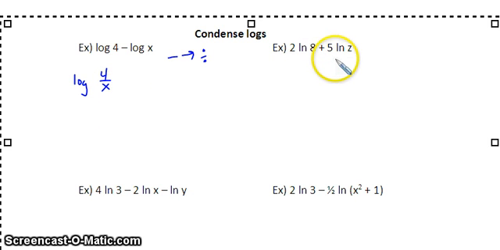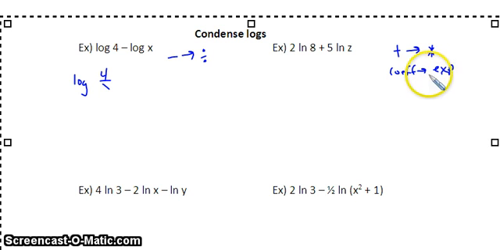When I look at this next problem here, I'm seeing addition, so I want to think multiplication. So addition, we would change it into multiplication. But I also see some coefficients, and I want to change those into exponents. And I want to do that first before I do my addition as multiplication.